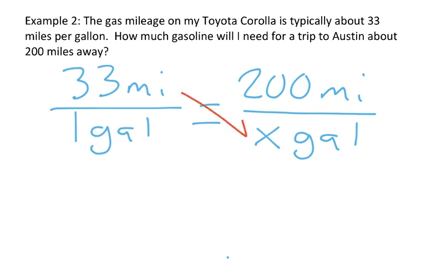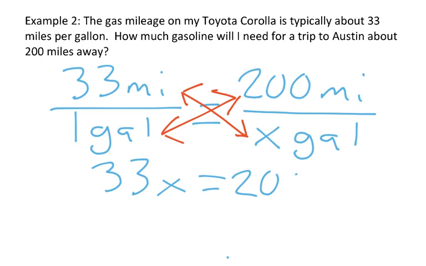We can multiply this way, and that would give me 33 times x. And we can multiply this way, and 1 times 200 would give me 200. 33x equals 200.